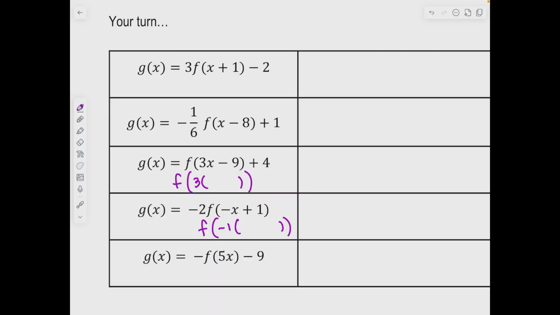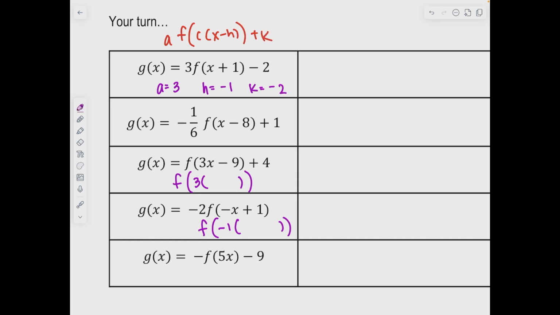Okay, let's check out our answers. So for this first one, pretty straightforward. What I know is this. I know the A value is 3. I know the H value is negative 1, and I know that my k value is negative 2. Okay, so again, I'll just write it over here up top. So a f of c x minus h plus k.